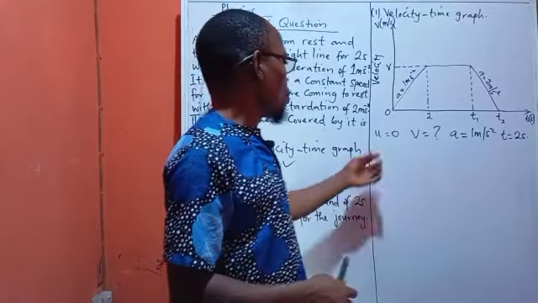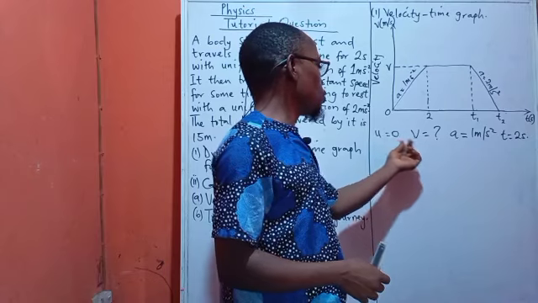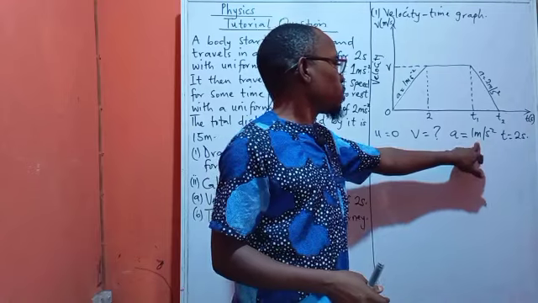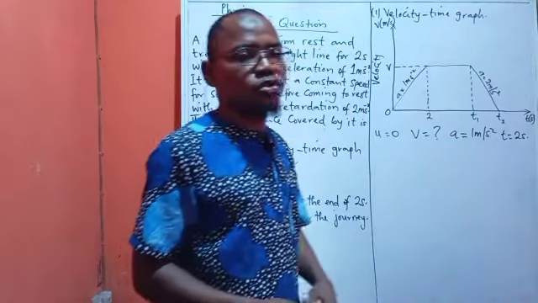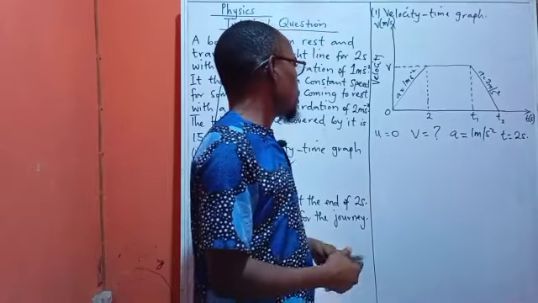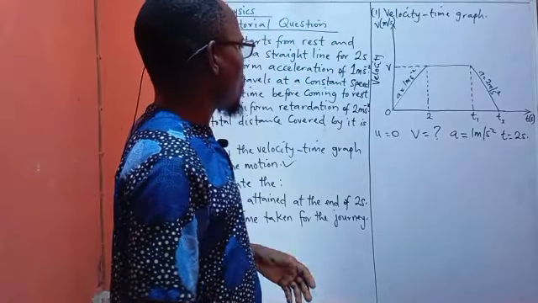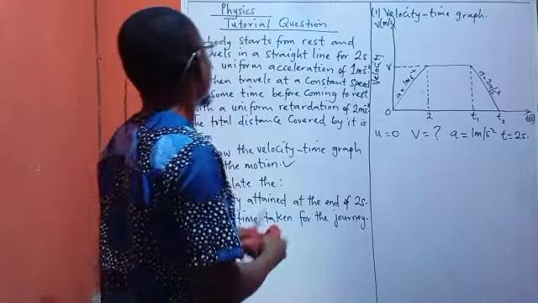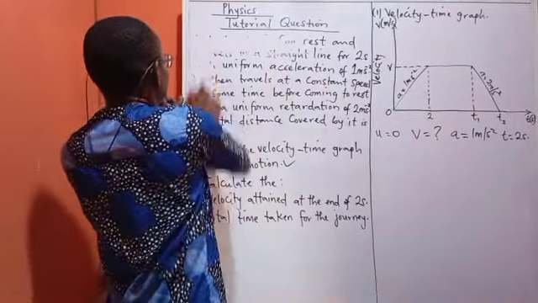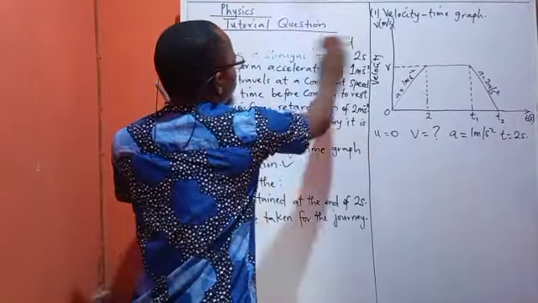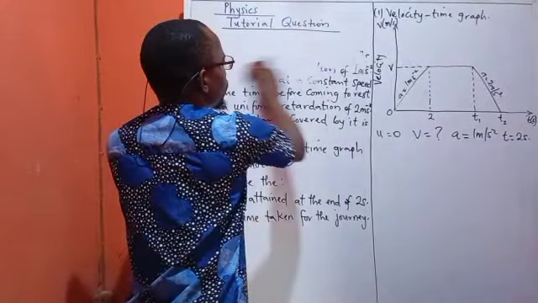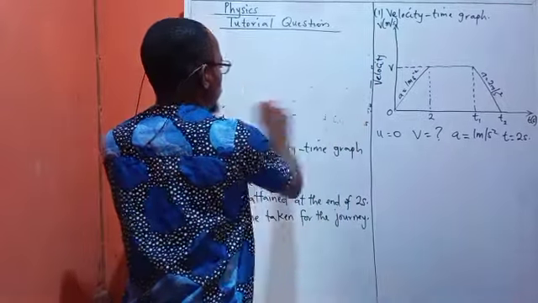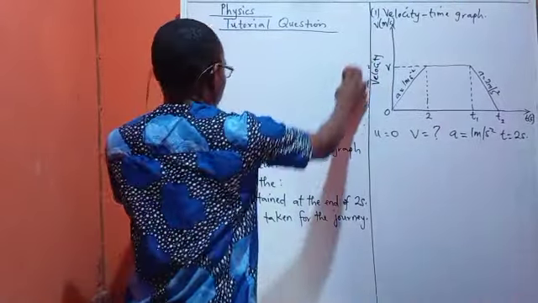We have the initial velocity, which is 0, the final velocity, which is what we are looking for, the acceleration, which is 1 meter per second squared, and the time, which is 2 seconds. Maybe for reminder's sake, let's put the equations down so that we'll be able to pick the one that suits the parameters given in the question.